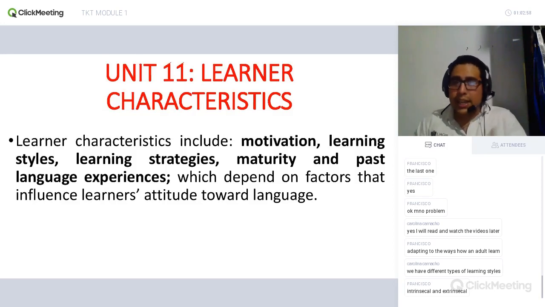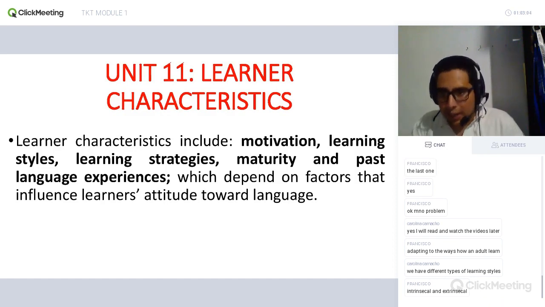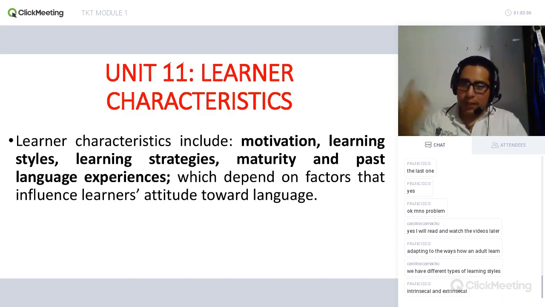Remember, intrinsic are the reasons why they want to learn English or another language, and extrinsic is from the exterior. Excellent.